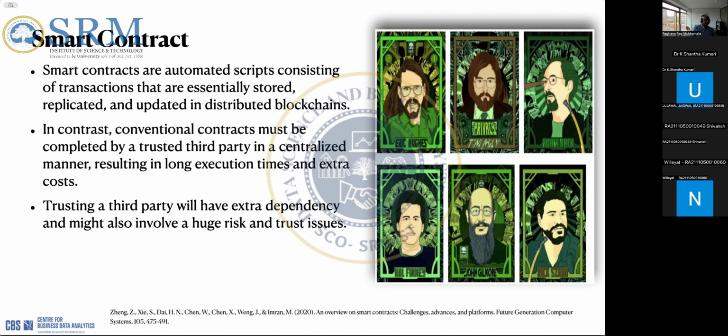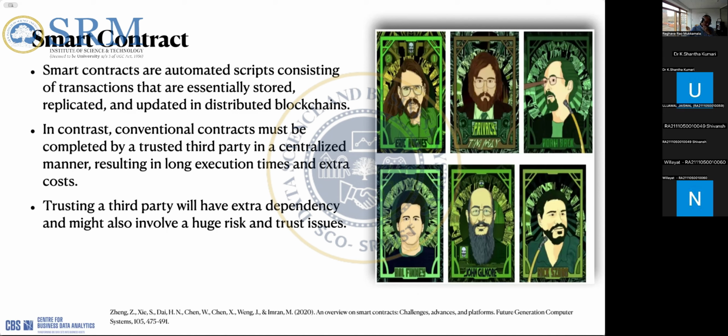Again, when we compare smart contracts and conventional contracts, conventional contracts must be completed by a third party, especially in a centralized manner, resulting in long execution times and extra costs. For example, let's say that we have a buyer and a seller, and the buyer buys something from the seller and has to pay some money for it.